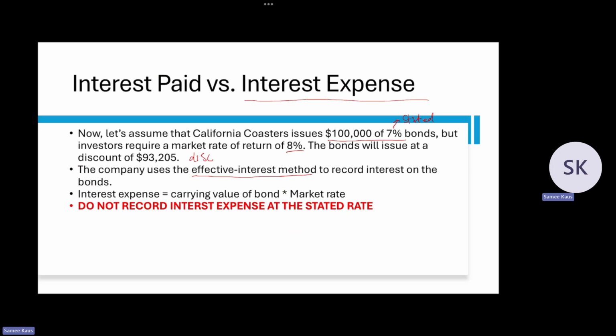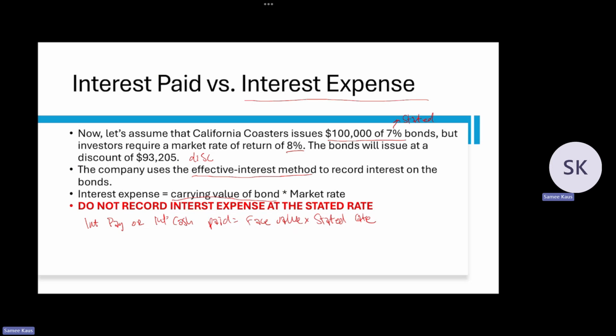Okay? So notice this. Interest expense is the carrying value of the bond multiplied by the market rate. Interest paid, or my interest cash paid, is going to equal my face value multiplied by my stated rate. And it's always going to be the same, because I'm always making those same periodic payments.